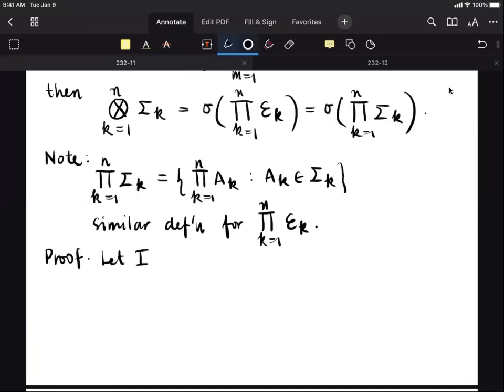So let's write I to be the set of integers from 1 to n, sigma to be the Cartesian product of the sigma algebras, and E the Cartesian product of the generators.